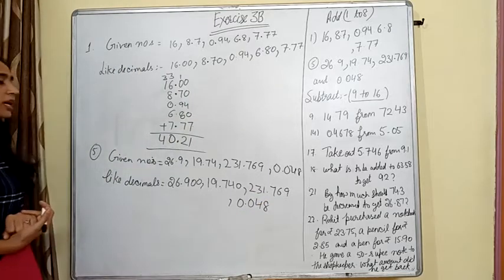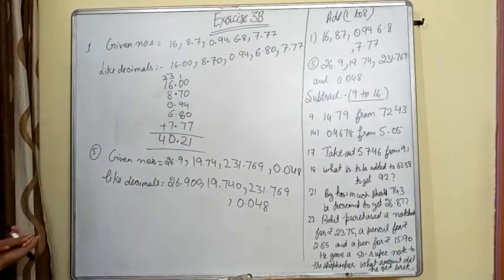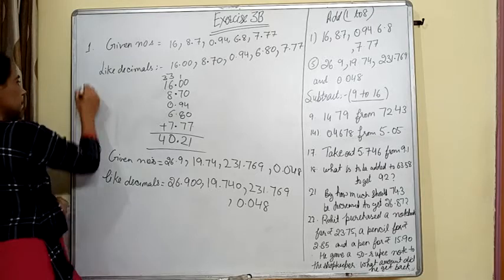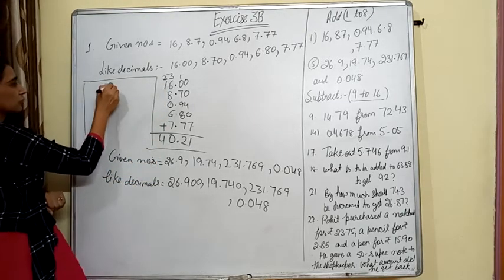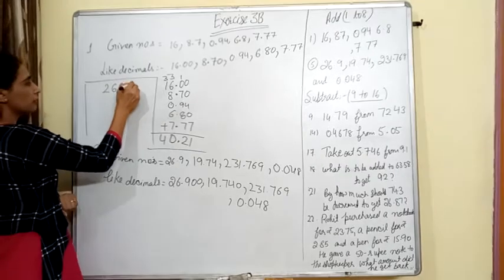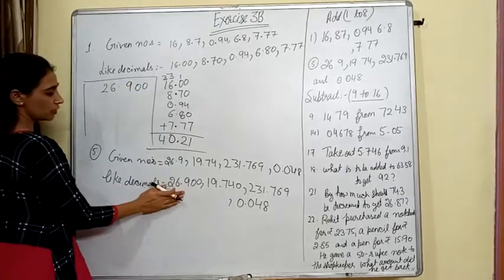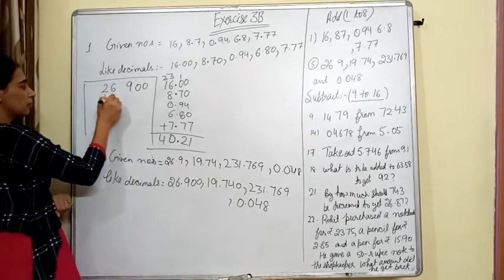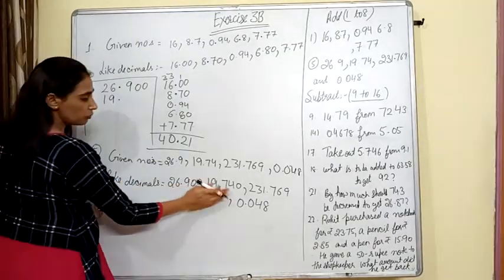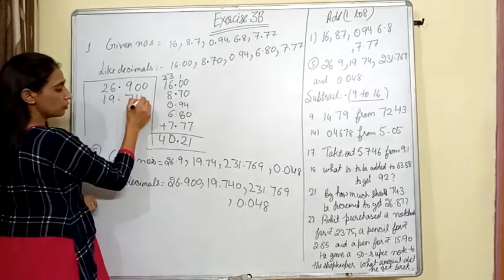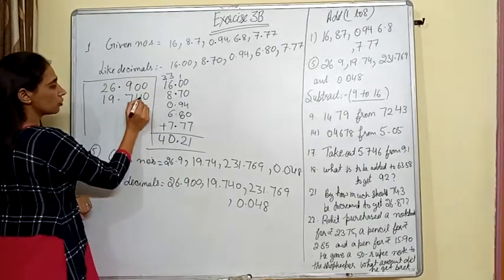Now we have to write this in columns and add. Okay, I am adding here. First write 26.900. What is the next number? 19.740. The decimal should be below the decimal.